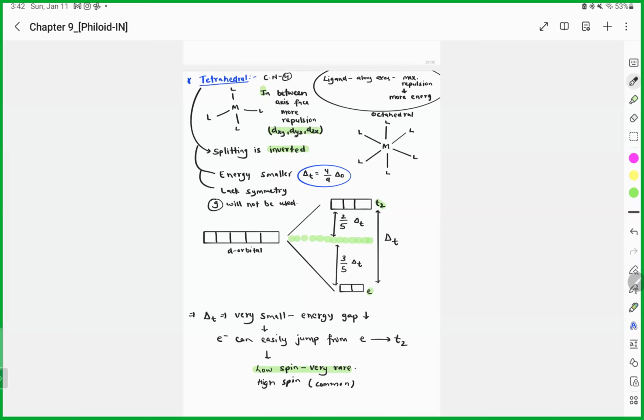Done, guys. Are you done with crystal field theory? Is it easy? Yes. Are you reading this for the first time properly? Yes, sir.